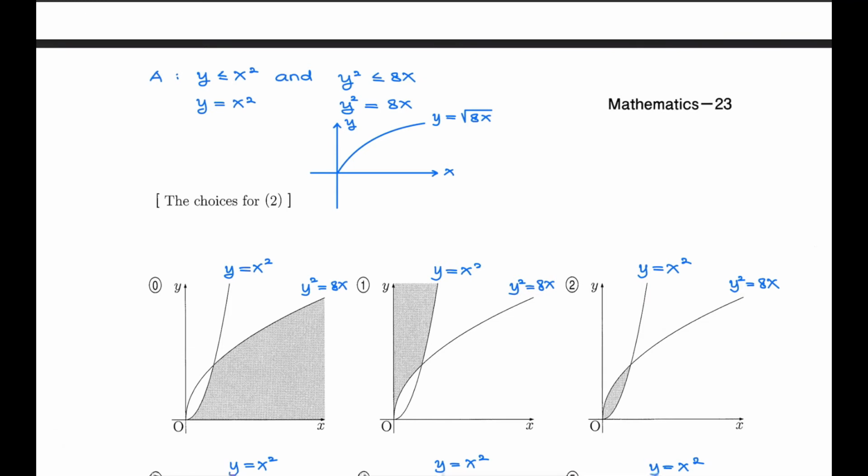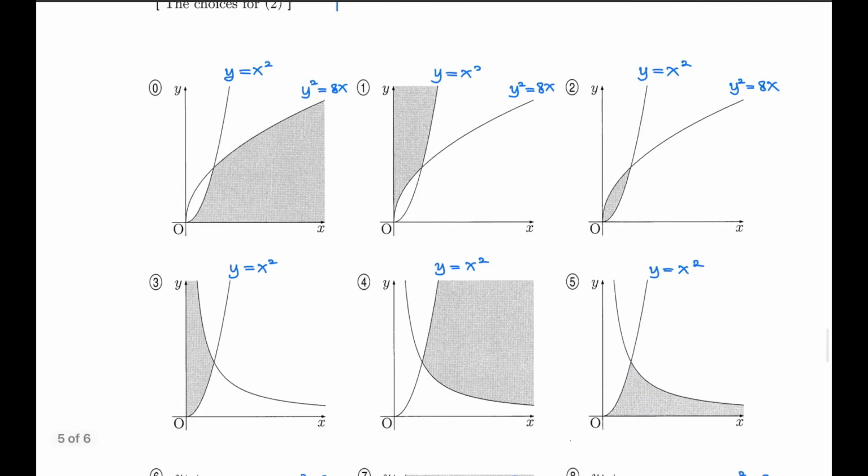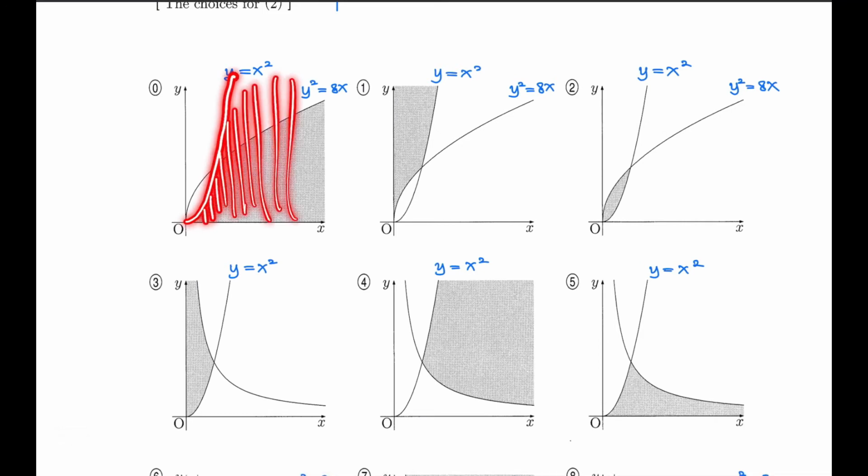If we want to find the correct region, see the inequalities. y less than or equal to x squared means we shade the region below the graph. This is y equals x squared.